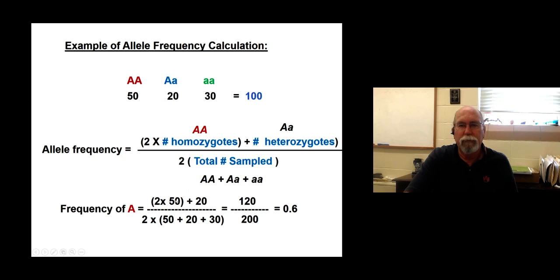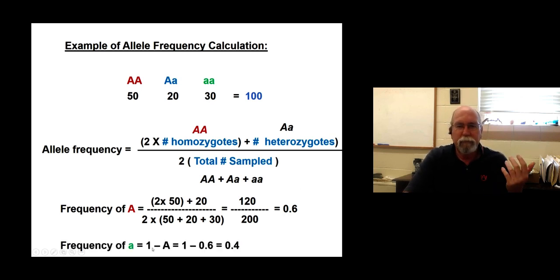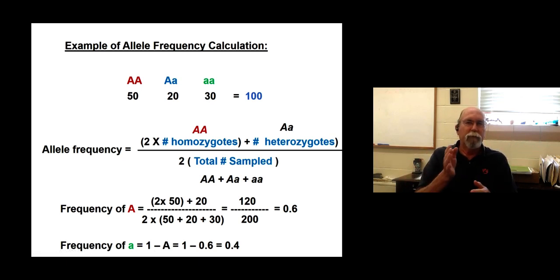We'd put 2 times 30 plus 20, so there'd be 80 here, and you get 0.4. Or you can obviously, if you've got 2 alleles, they add up just like Hardy did: P plus Q equals 1, and P equals 1 minus Q, or Q equals 1 minus P. I mean, it's simple algebra. So we don't actually have to recalculate all this. We could just do a simple subtraction and get it.